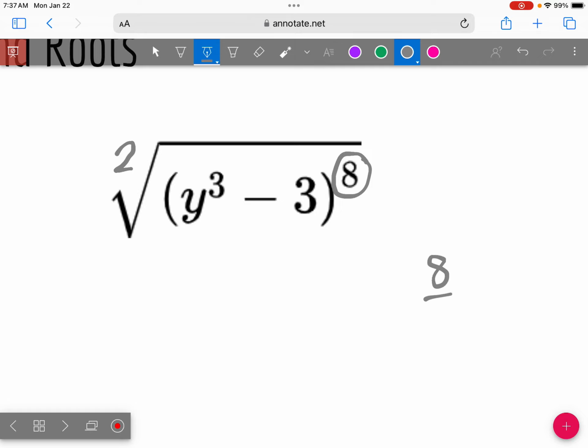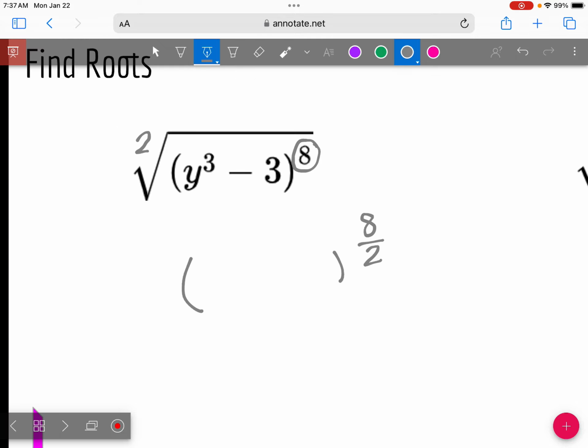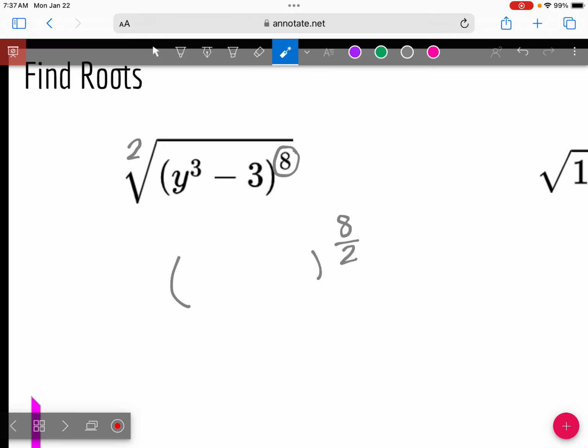This is going to be 8 divided by 2 for my power. Because it's a square root, the default state is 2. If it doesn't have anything written there, your index is 2. If it is anything other than 2, we will tell you. Okay.